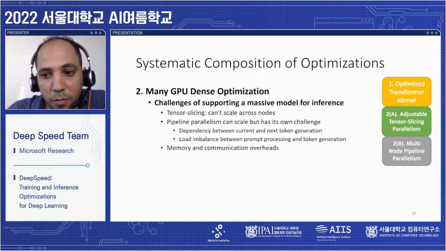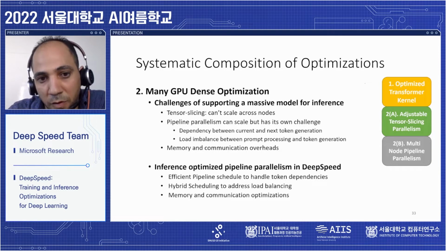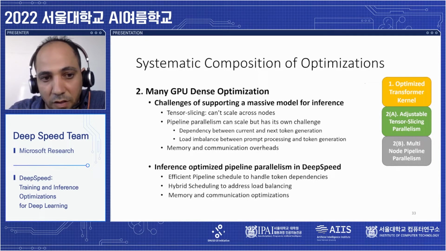So to get the best efficiency here, we have 2 challenges. First, the data dependency between the token generation phases and the load imbalance issue between prompt and token generation phases. And also we have the memory and communication overhead, because during the inference we are caching the results, and also the data that we are communicating between the GPUs has dynamic tensor shapes, which results in serialization and deserialization issues.